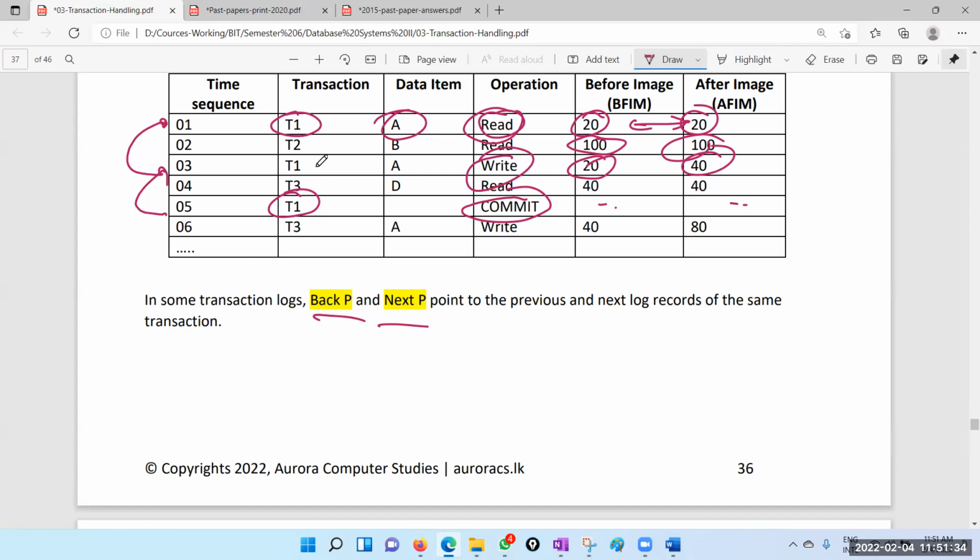So this entry will keep track that my previous entry is at transaction number 3. But that is an optional thing, because when you're reading, you can find out which transaction is doing that. In past papers, sometimes you will see backp, nextp as well, but you don't have to worry too much about that.